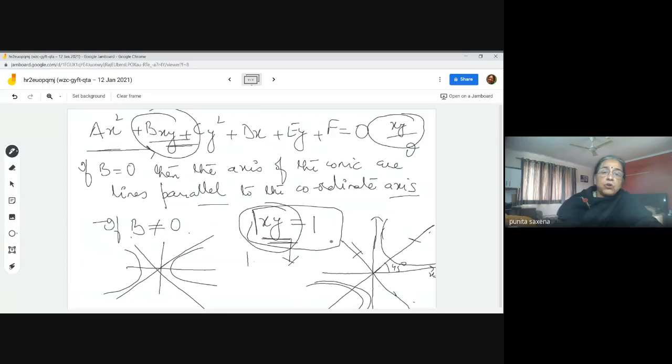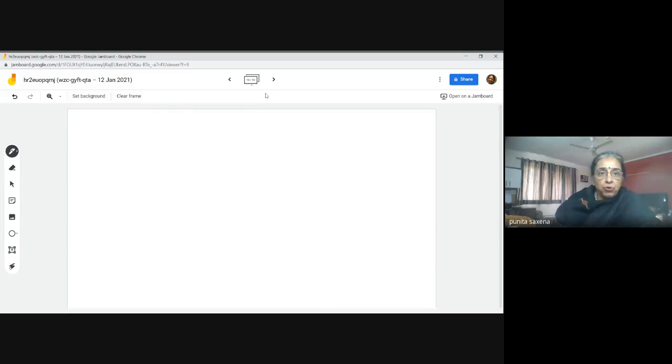So what we do is, we won't go into the details of the proof, but we'll use the result here. Again, I'm writing this general equation because it's required: ax² + bxy + cy² + dx + ey + f = 0.